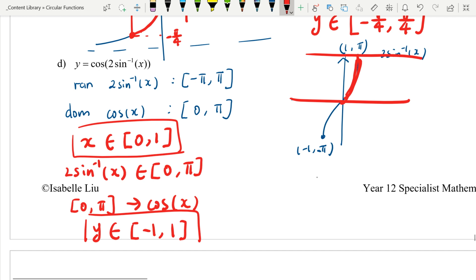Originally, sine inverse range is -pi/2 to pi/2. I times by 2, so that's the 2 sine inverse function. So it's -pi to pi. And because -pi to pi cannot be put into 0 to pi here, I only leave half of it. So I only take domain from 0 to 1 to get the super range. So the range is 0 to pi, put into cosine, cosine gets -1 to 1.